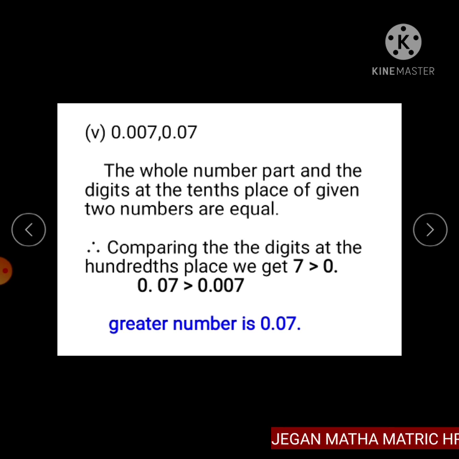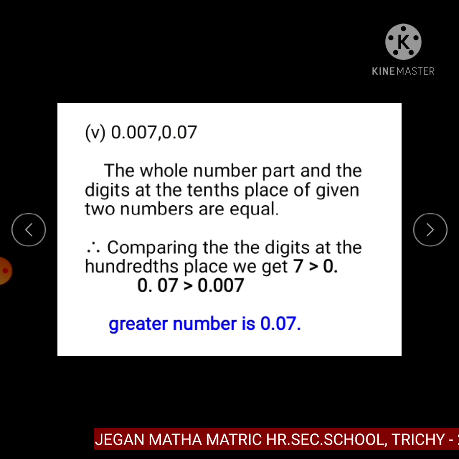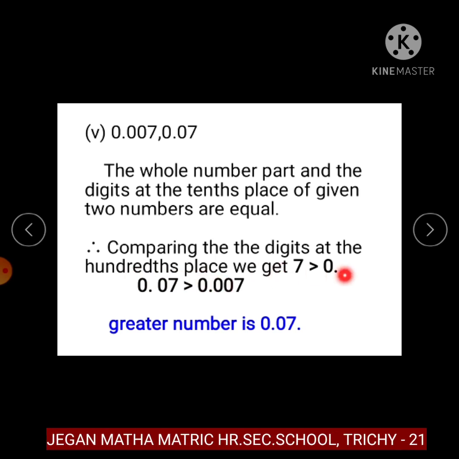Subdivision 5. The given numbers are 0.007 and 0.07. The whole number part and the digits at the tenths place of the given two numbers are equal. Next, we compare the digits at the hundredths place, and we get 7 is greater than 0.